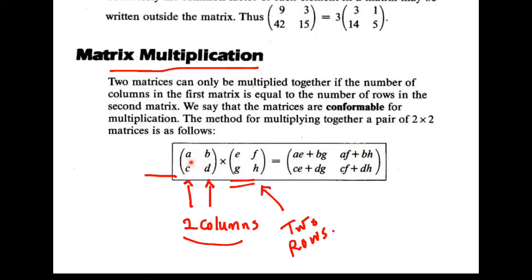And then you move to the next row, then you get the C times the E, the D times the G, and then you get this element here. And the last thing you do, this second row multiplied by this column here, so you get the C times F plus the D times H, and that gives you that last value.